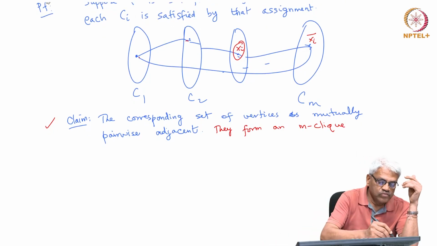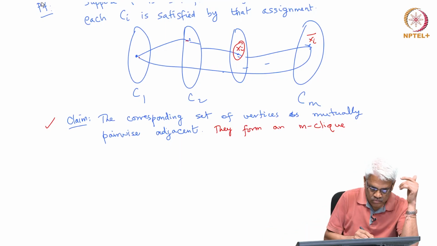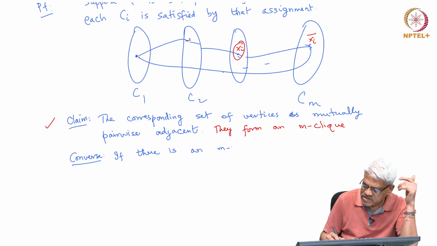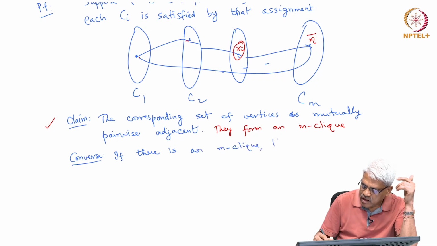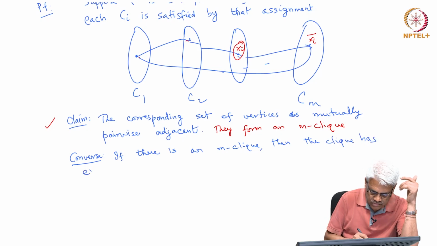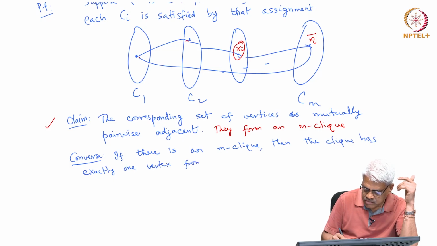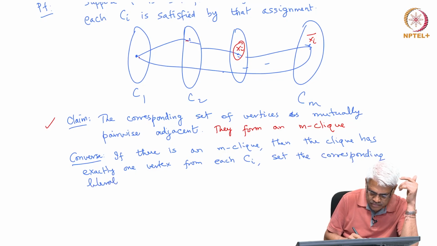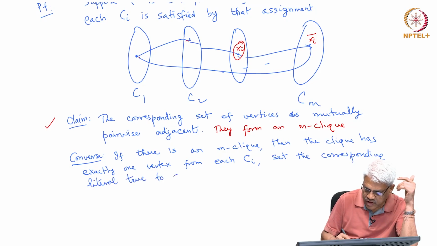The converse: if there is an M clique, it is the same argument, then the clique has exactly one vertex from each Ci, set the corresponding literal true, to satisfy my formula.